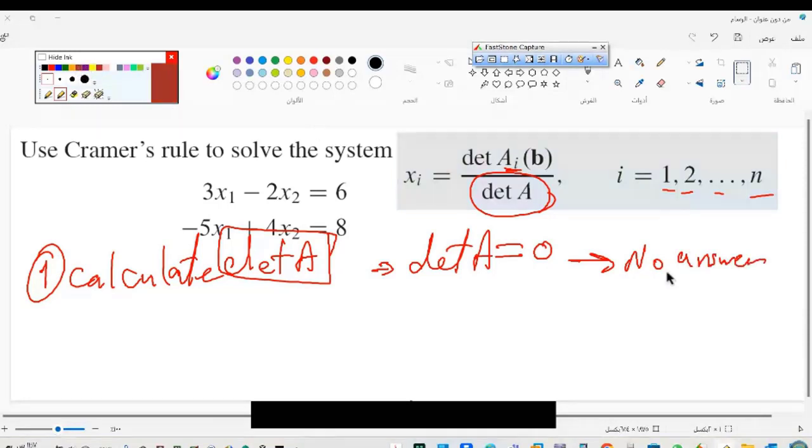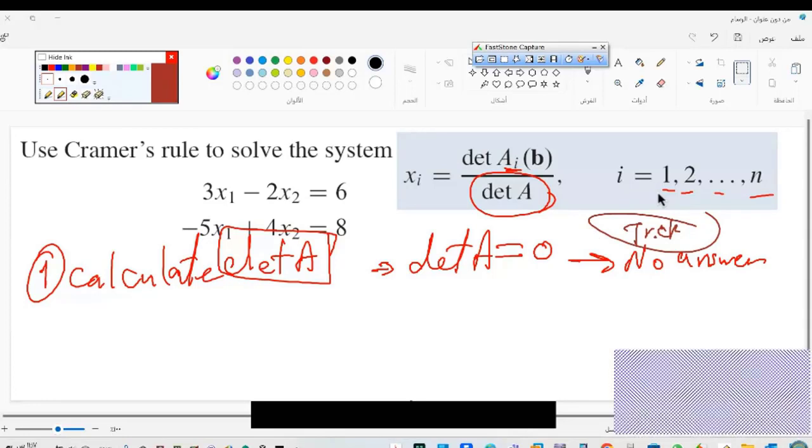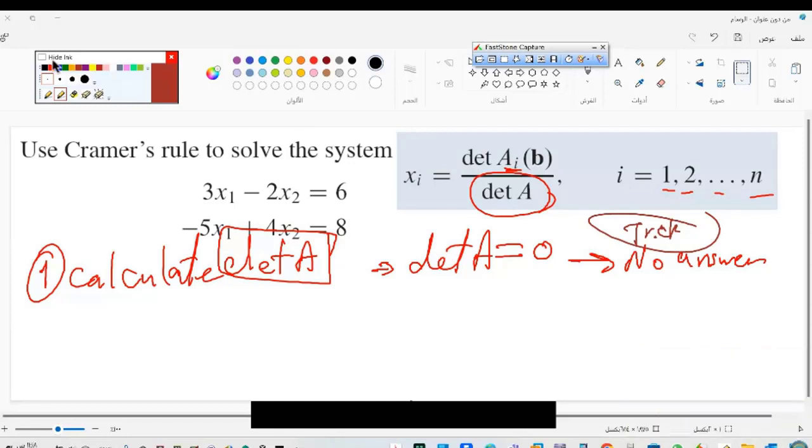This is a trick in the exam. Clear? Take care about this trick. Now let's calculate det A. Use delta A or det A, whatever you want.